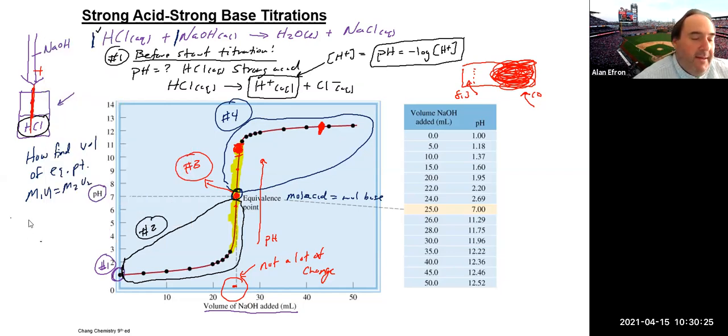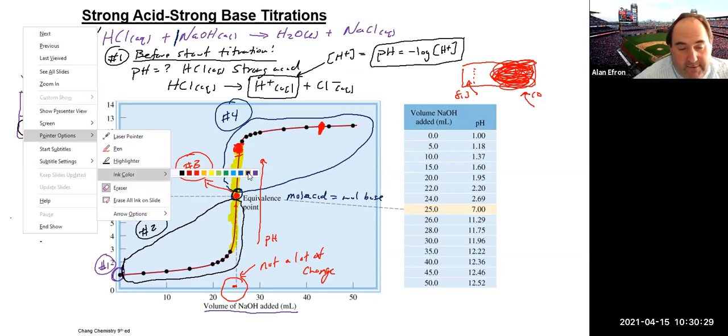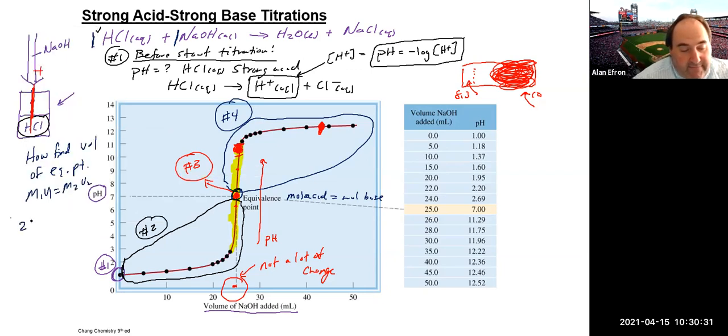All right. So in a titration where they maybe tell you, hey, you're starting with 25 milliliters of this acid at a certain molarity, what's the equivalence point when you add the molarity of a base to it?